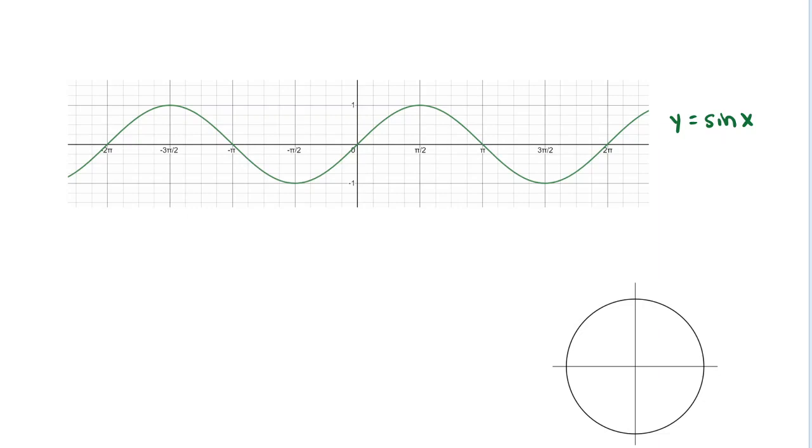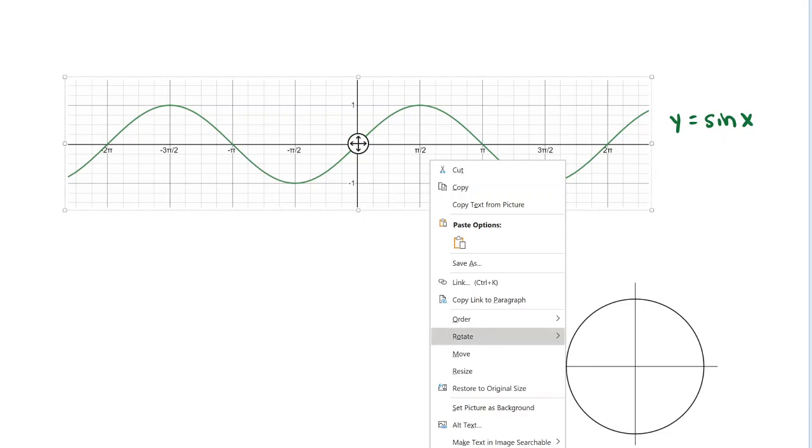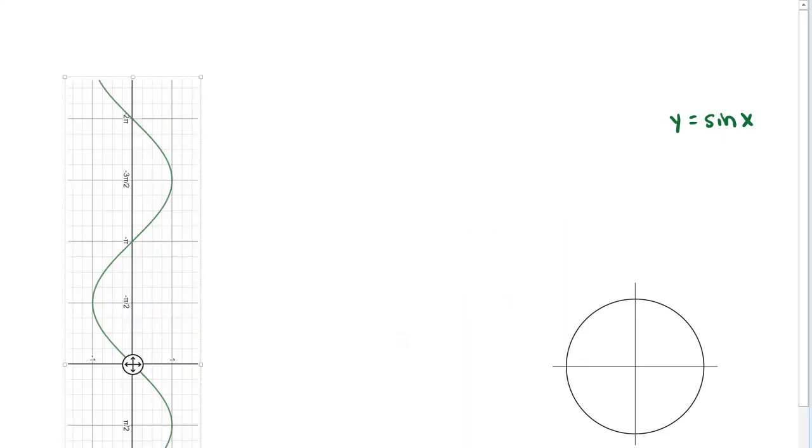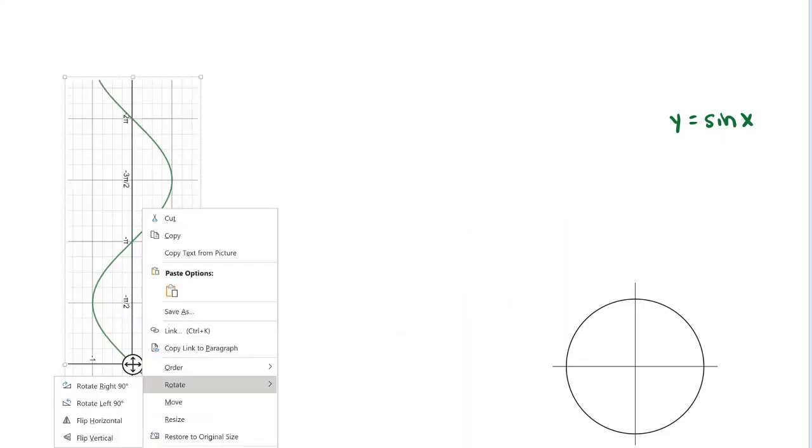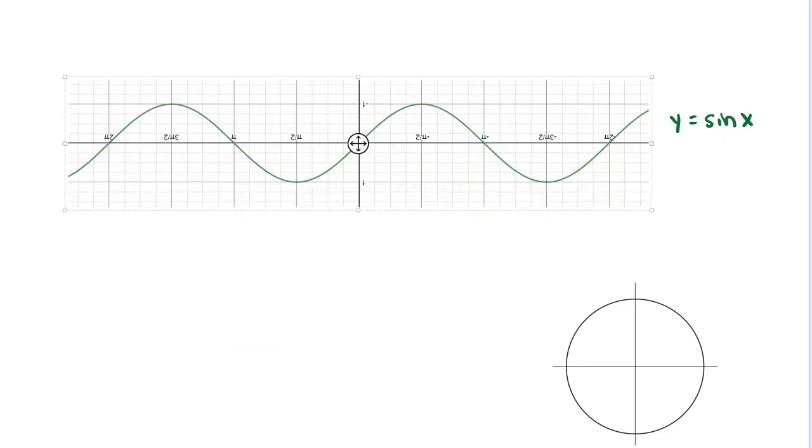Right? So if I were to rotate this graph 180 degrees about this origin, we would end up with what we started with. And maybe just to really showcase this, I'll do the same thing I did with the previous odd function. I'll rotate right 90 degrees. Ooh. Let's try this again. Rotate right 90 degrees.